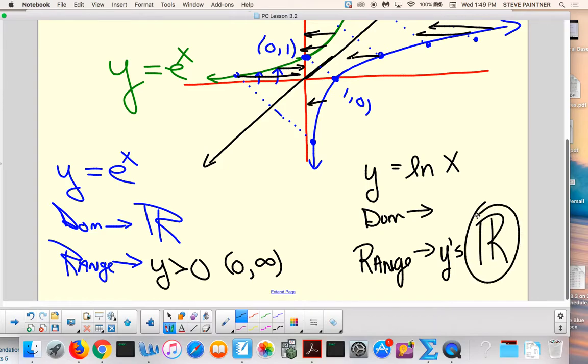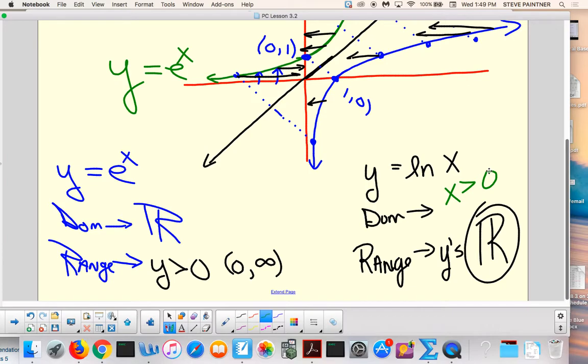What about the domain? Only x's that are greater than 0. So you guys tell me something about the domain and the range of an exponential versus a log. You say they're opposites. Do you guys remember when we did inverses?